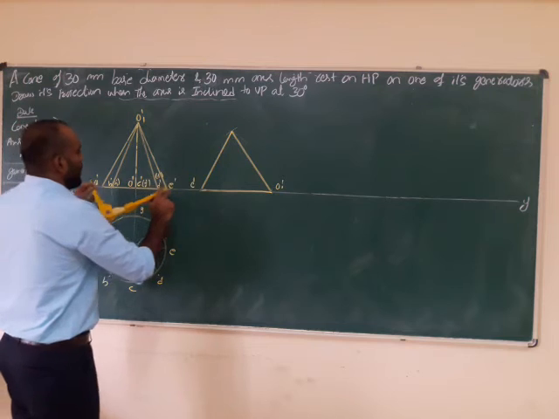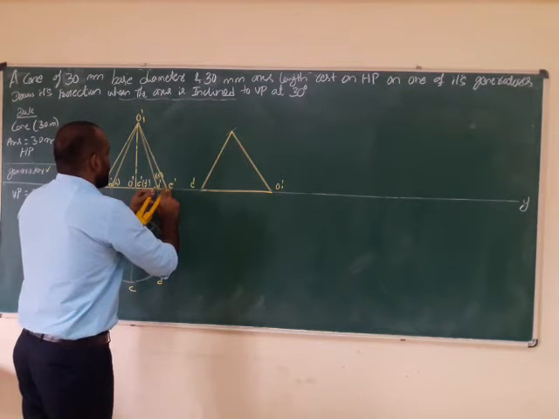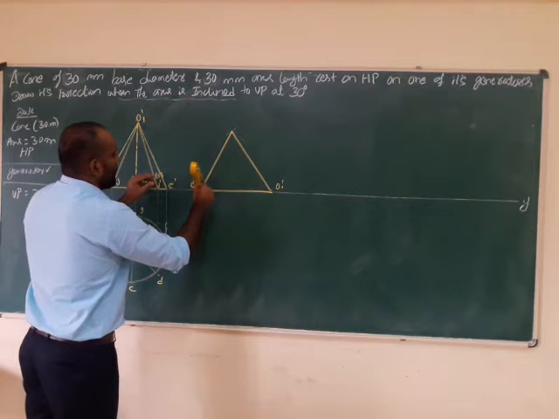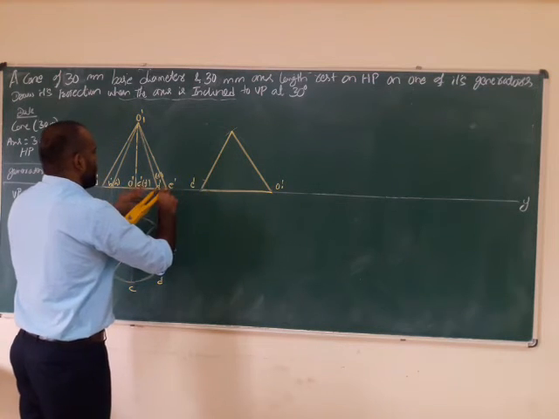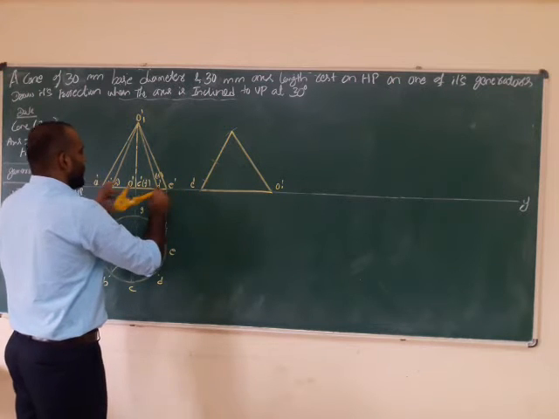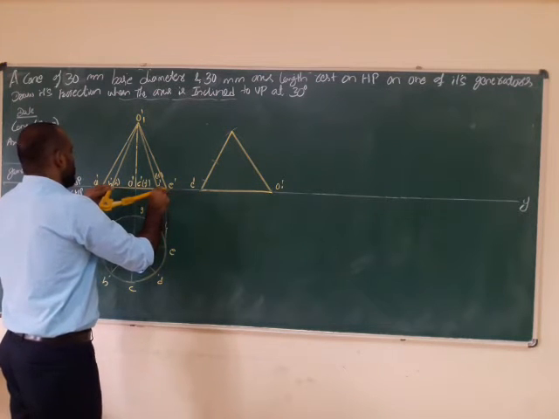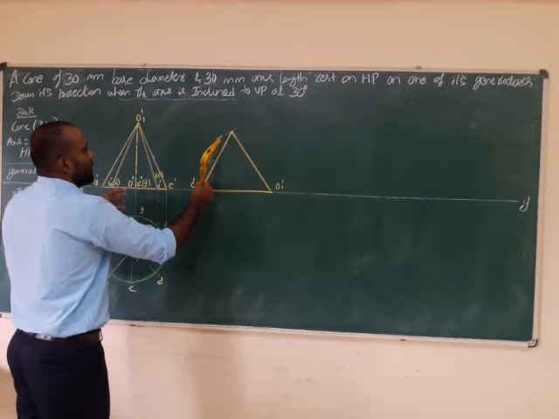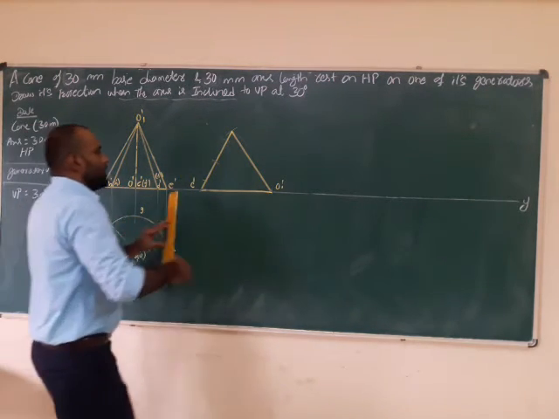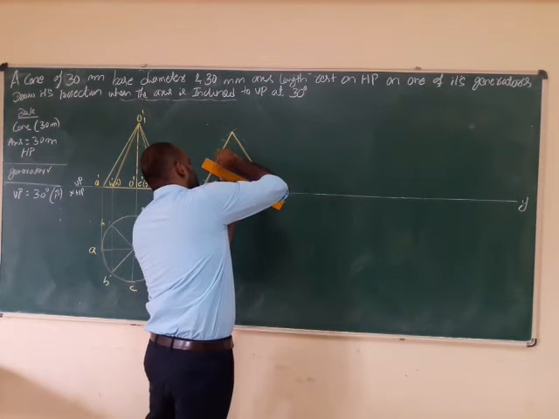Next, one by one: E to D, E to O, E to B. The center line is called the axis line.